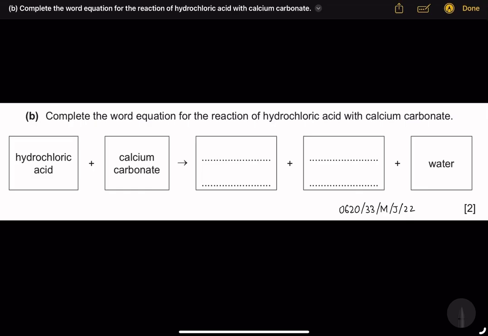Hydrochloric acid plus calcium carbonate gives us calcium chloride plus carbon dioxide plus water. And now we'll move to the next question.